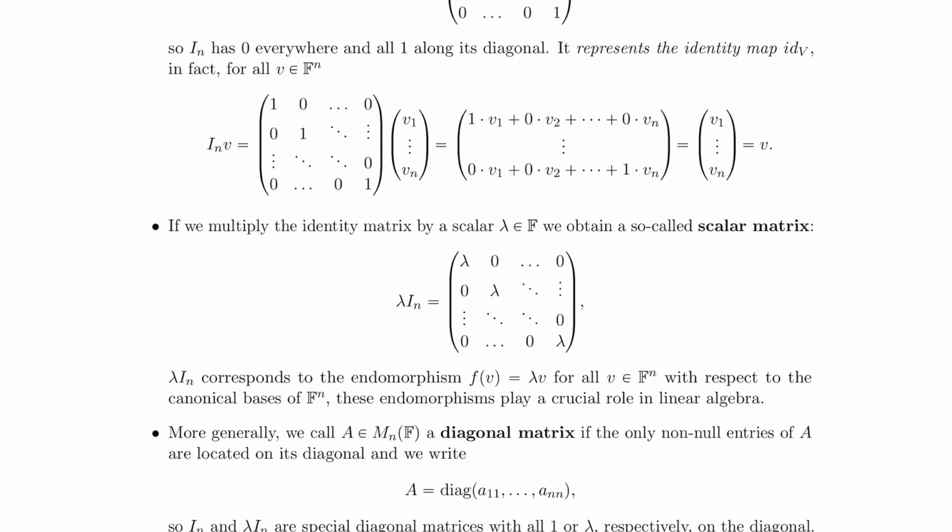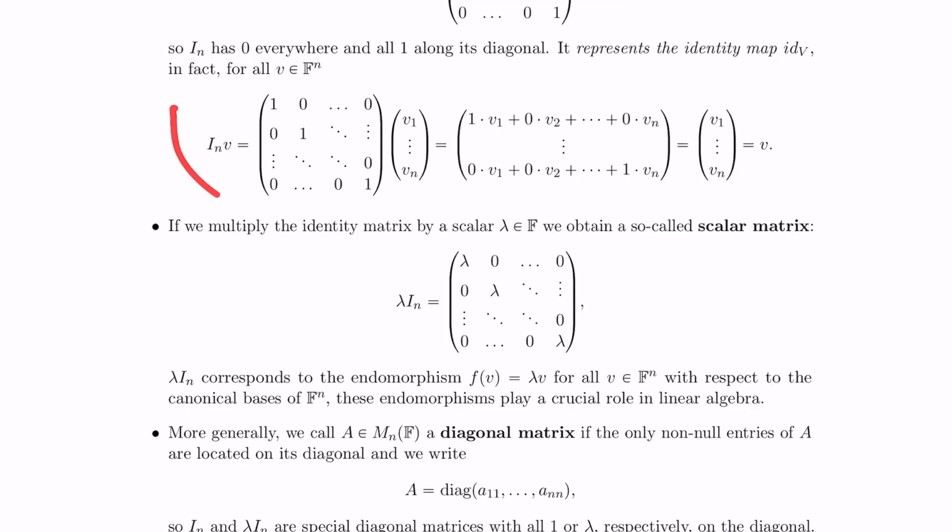More generally, if you have a scalar lambda belonging to the field F, you can obtain from the identity matrix the so-called scalar matrix, which is nothing but lambda times the identity matrix. So you find again a diagonal matrix with all lambda on the diagonal and 0 outside.